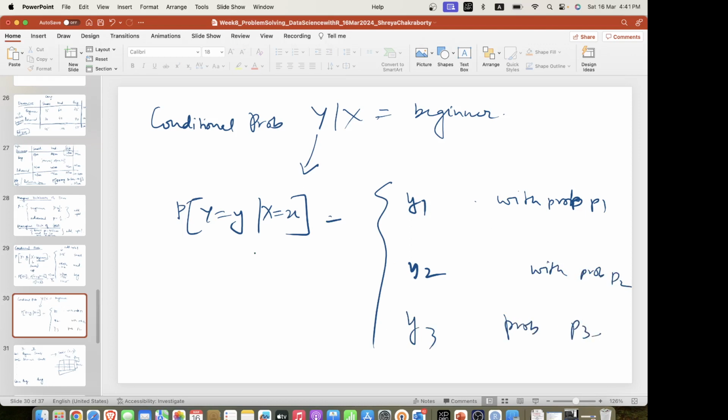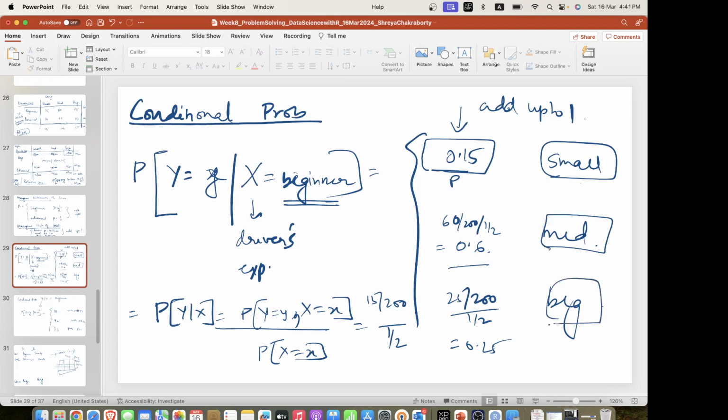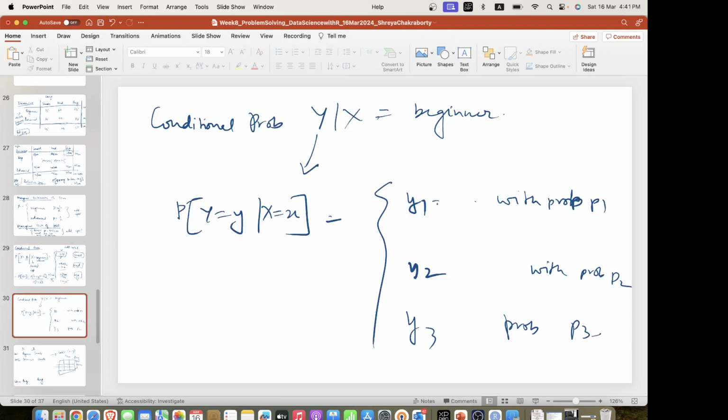For example here it was small with this probability, medium with this probability and big with this probability. Now if you code it, let's say this is your level 0, this is your level 1 and this is your level 2.